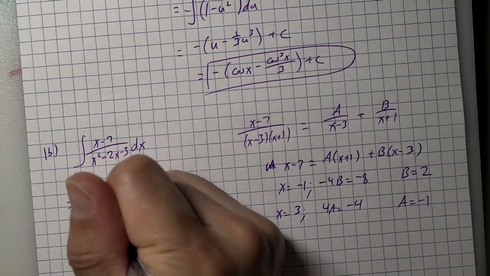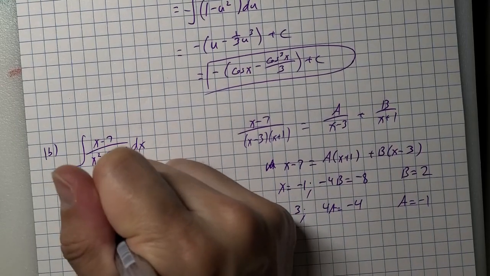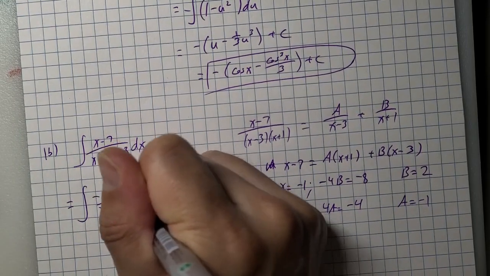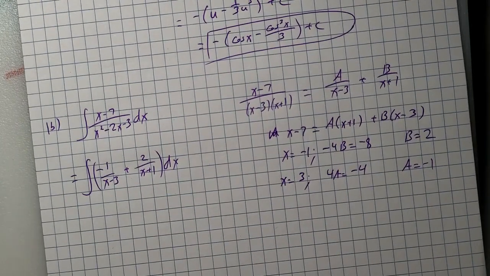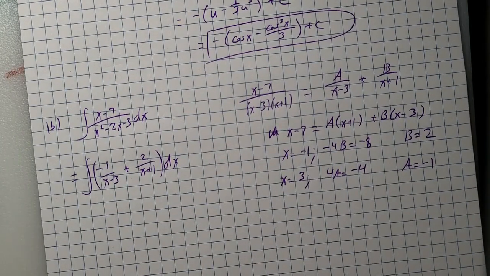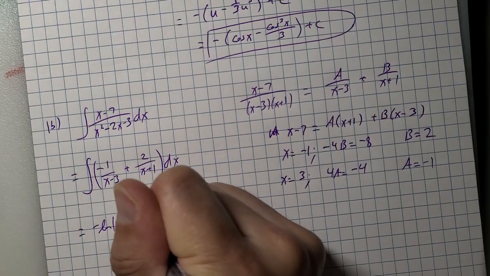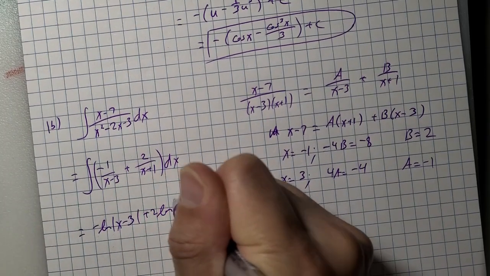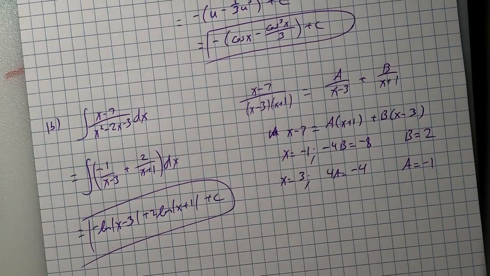So we found our partial fractions. We can rewrite the integral as, we just plug in, minus 1 over x minus 3 plus 2 over x plus 1 dx. Okay? That was the hard part. This is the easy part now. These are just logs. So minus ln of absolute value x minus 3 plus 2 ln of absolute value x plus 1 plus c. That's our answer.